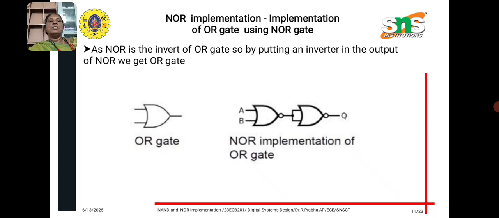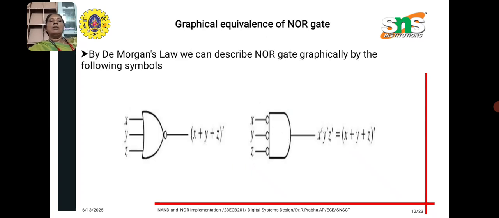Now we are going to see how to get an OR gate from the NOR gate. For this we use the complement law. We take two NOR gates in succession, and the output is the original OR gate. Using De Morgan's law, we can also write the graphical equivalence of an OR gate.